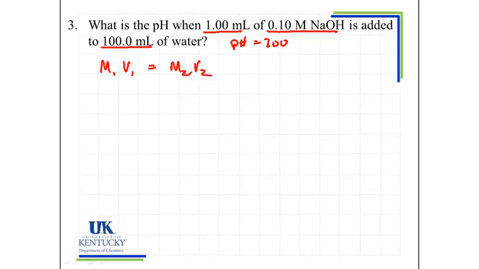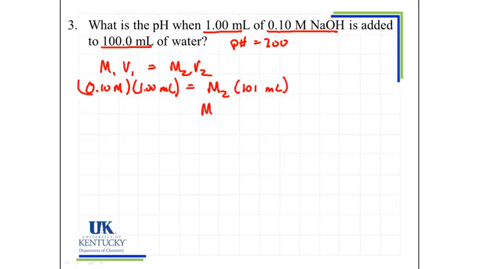The molarity of the base to begin with was 0.1 molar, and I had a milliliter of it. The molarity of the base after it's been diluted, I'm trying to solve for, and the total volume after dilution was 101 milliliters. So the molarity of the sodium hydroxide after this dilution is equal to 9.9 times 10 to the minus 4 molar.